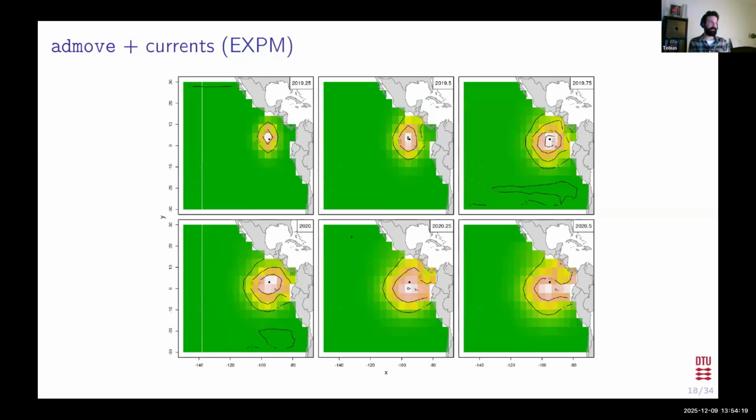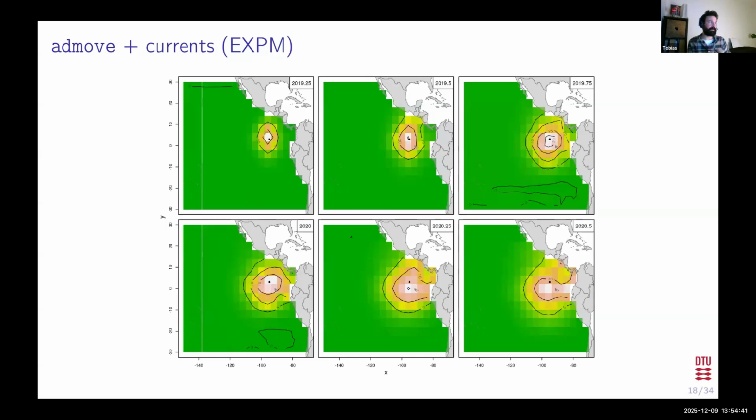And then another way to display the movement, and this is also how Jim showed it earlier, you could simulate or release a bunch of tags somewhere here by the small black dot. Then, using the matrix exponential approach, you could follow the distribution of these releases over time in space.